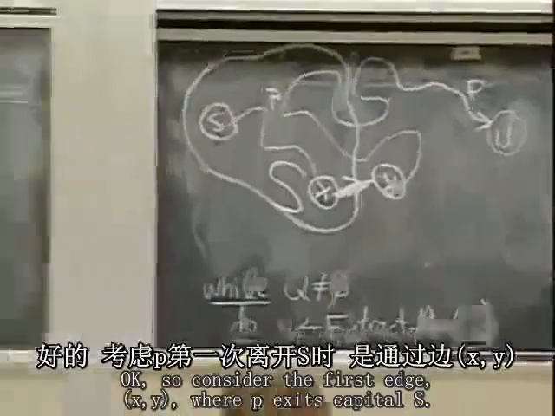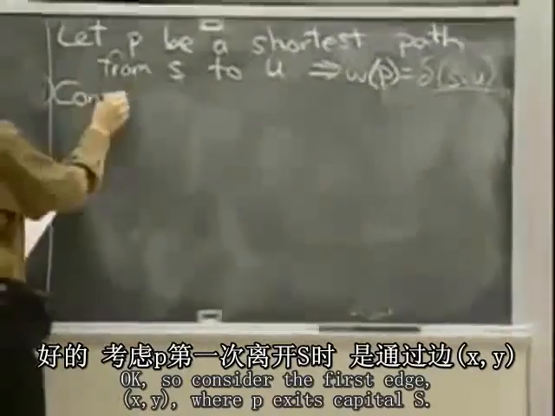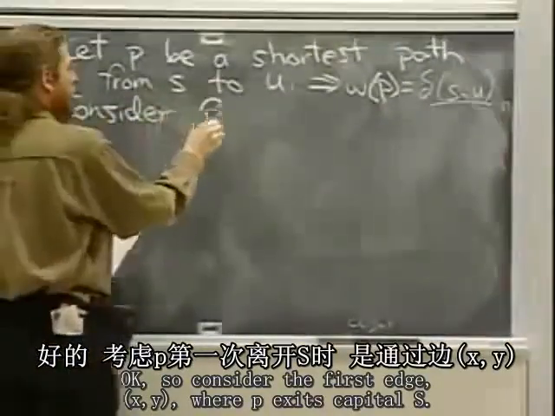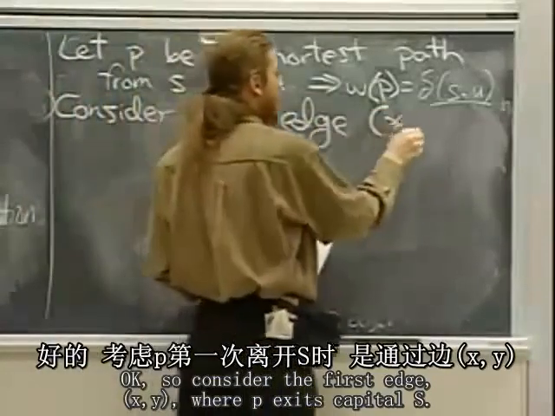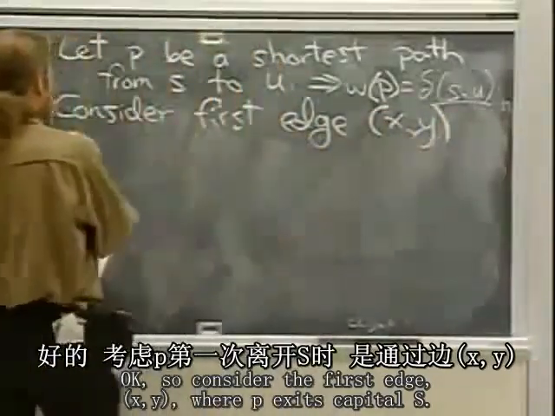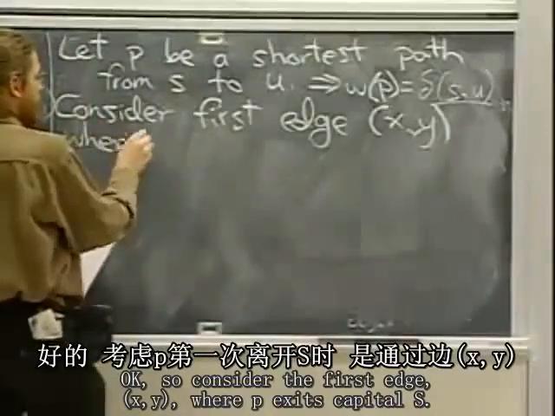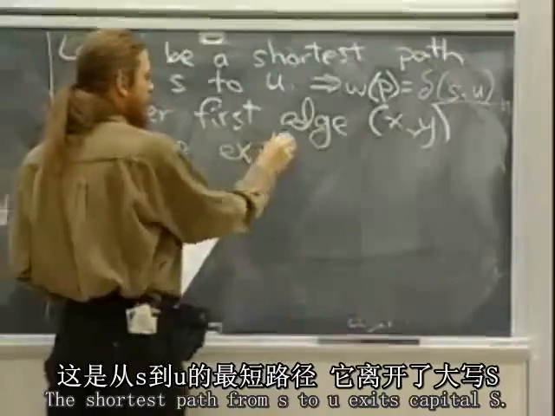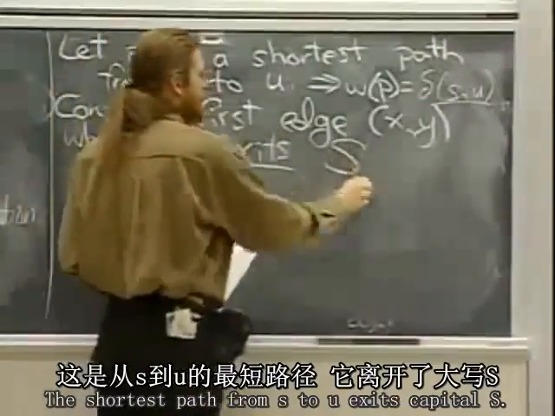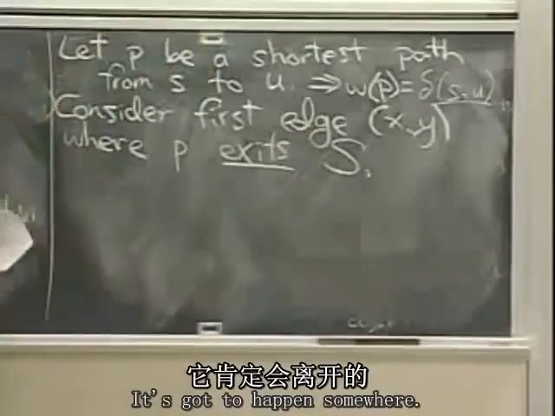Consider the first edge xy where p exits capital S. The shortest path from s to u exits capital S. It's got to happen somewhere.